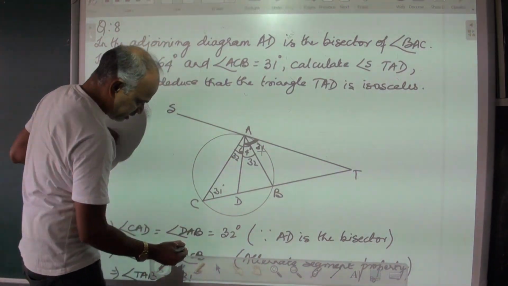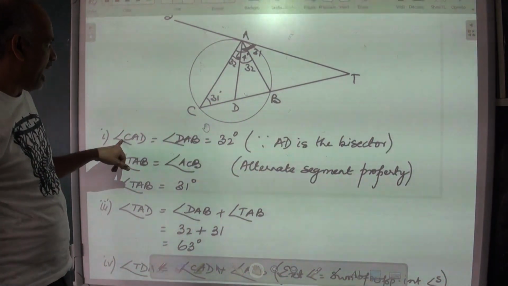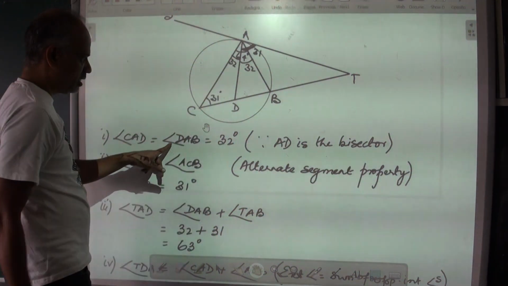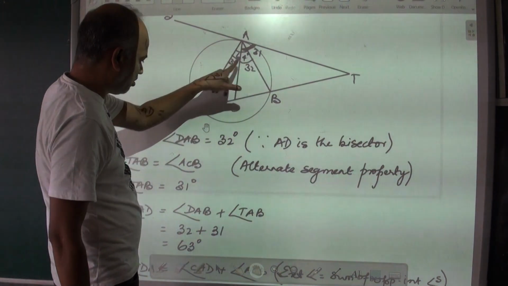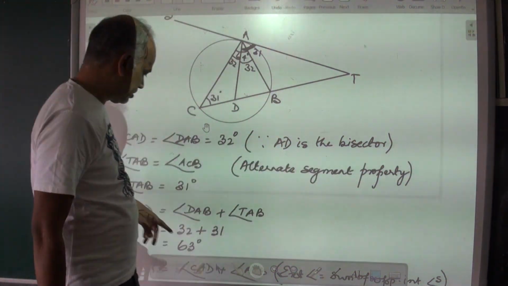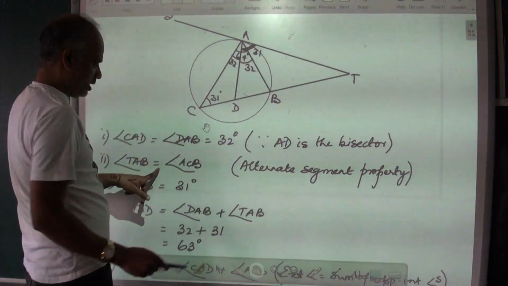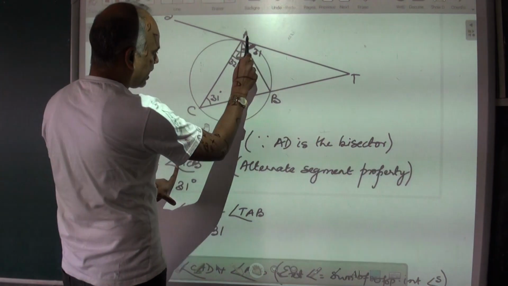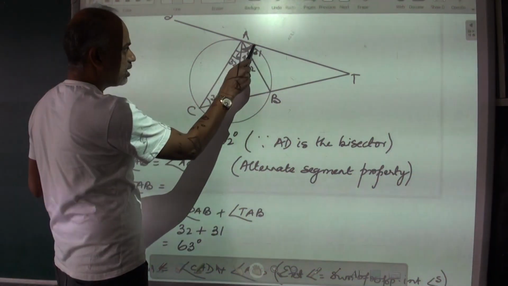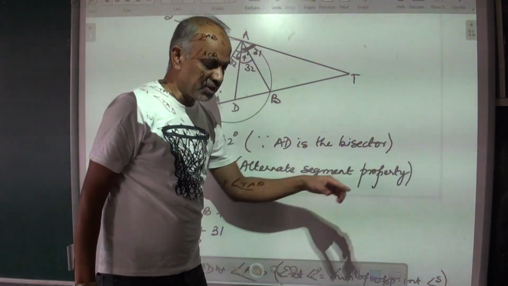So the statement for that. Angle CAD, this much is 32. DAB is also 32, both are 32 because AD is the bisector. Angle TAB is equal to angle ACB. These two angles must be equal because of the alternate segment property.